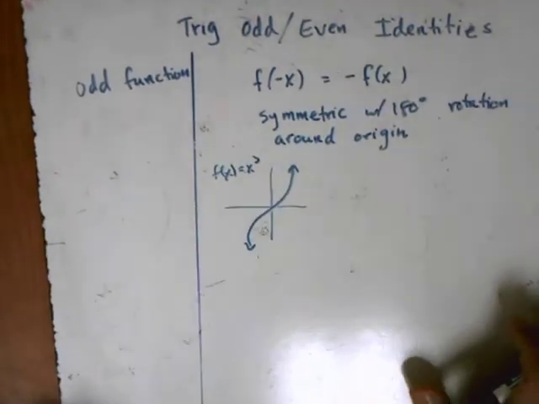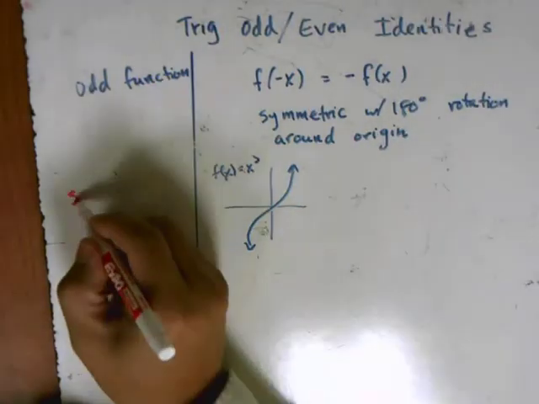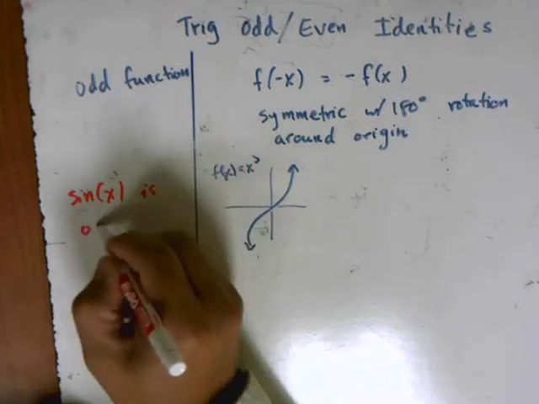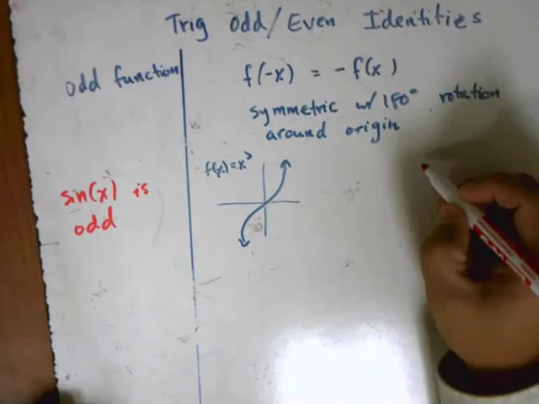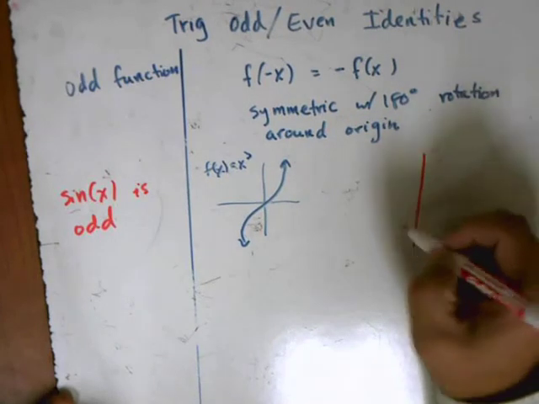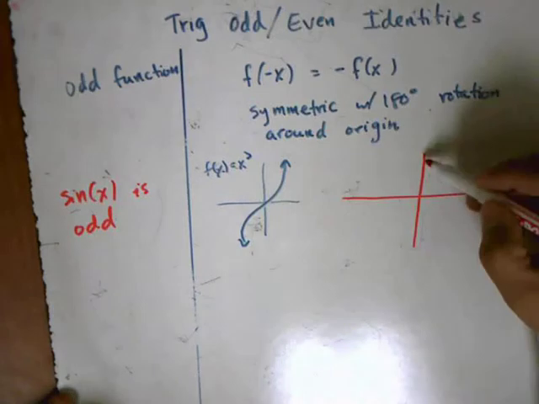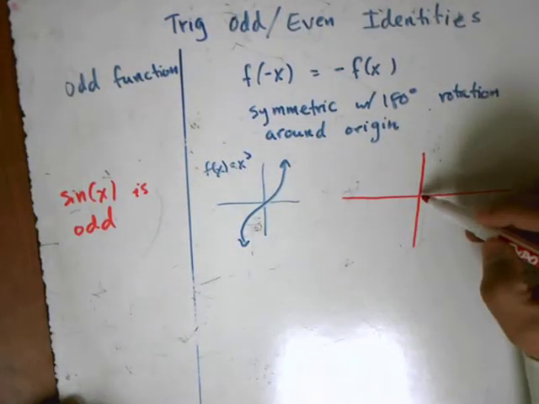And so when it comes to trigonometric identities, we have a function that is also odd, and that's the sine function. So I'm going to graph the sine function over here, and from what we know about sine functions, it's going to look like this.